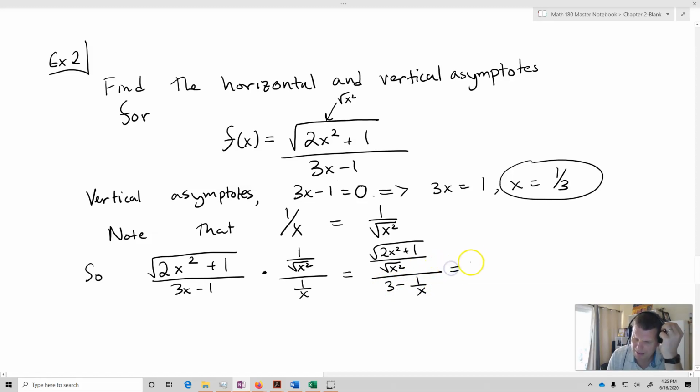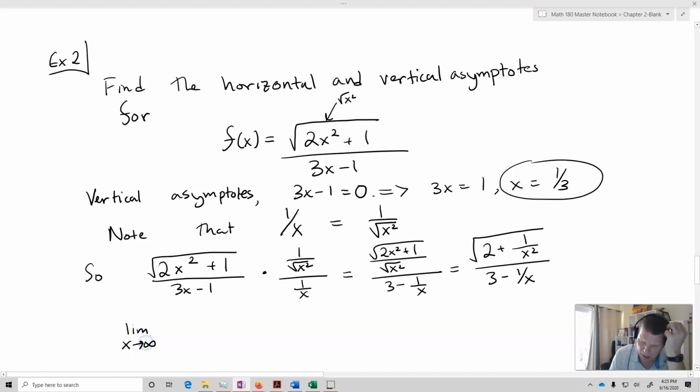And this is then the square root of 2 plus 1 over x squared divided by 3 minus 1 over x. So the limit as x approaches infinity of the square root of 2 plus 1 over x squared divided by 3 minus 1 over x.